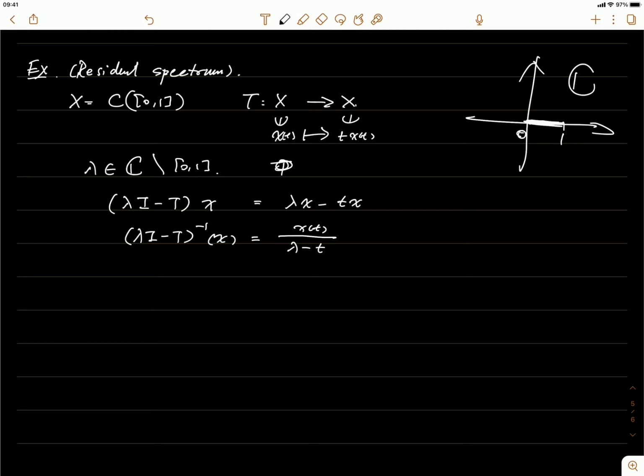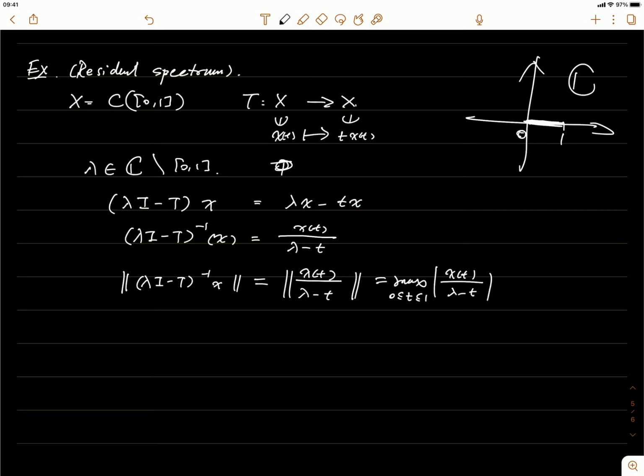As you can see, if I take the norm of this thing here, it will be equal to the norm of xt over lambda minus t. That just means the maximum value for t between 0 and 1 of xt over lambda minus t. But remember that lambda is not in the interval, so it's somewhere else.